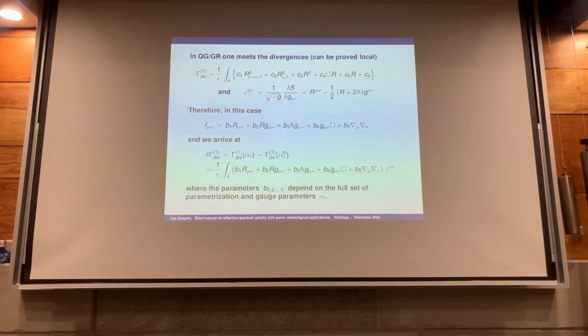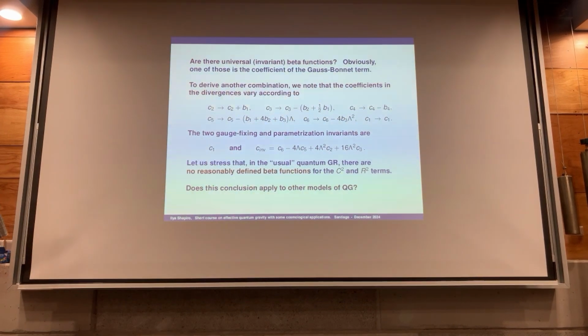And now you see what you can expect in case of alpha I for arbitrary parameterization, arbitrary gauge fixing. You may have this expression, the product, right? Replace it here and see how you change your coefficient C. The change is like this. So C1 goes to this, C2 goes to this, C4 goes to this, and so on.